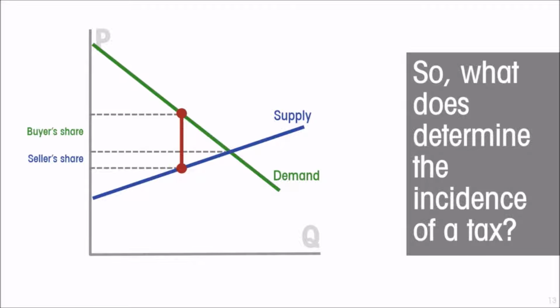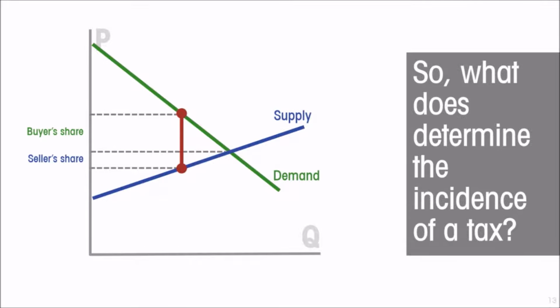It's the relative slopes of the demand and supply curves. Here, in this example, we see the buyers bearing the larger share of the burden of the tax because we happen to have drawn our demand curve to be steeper than the supply curve.